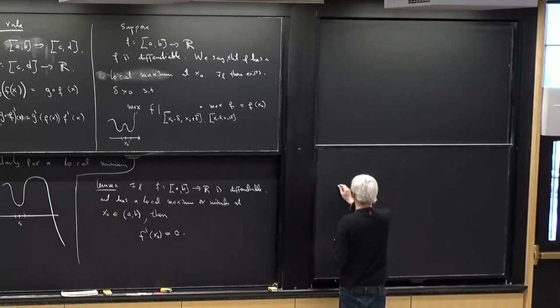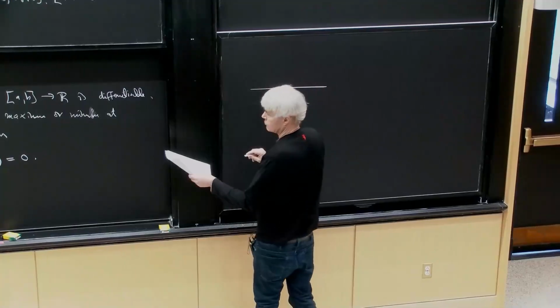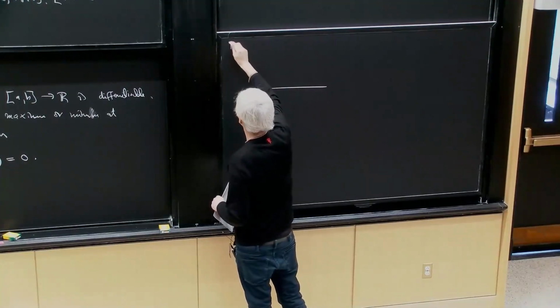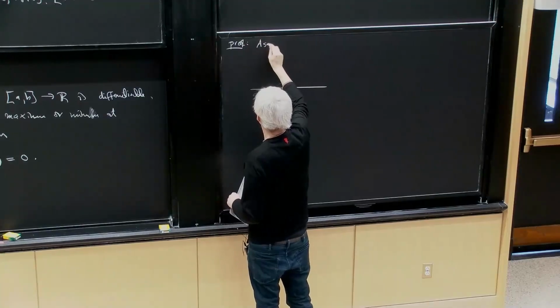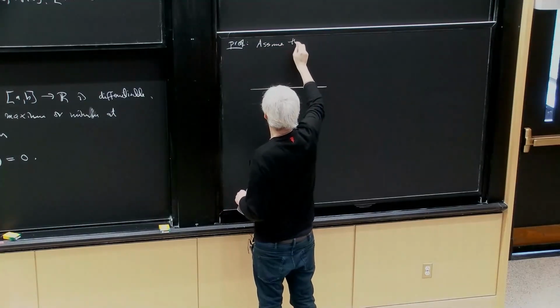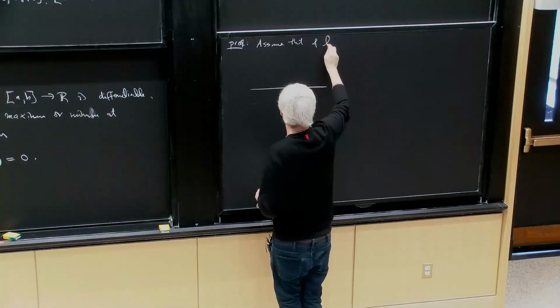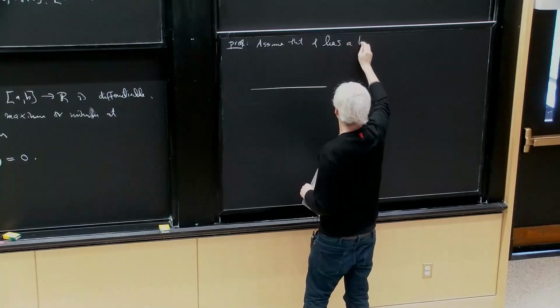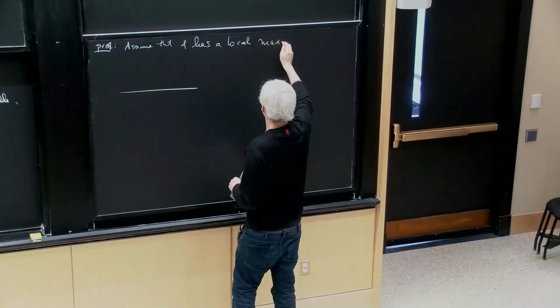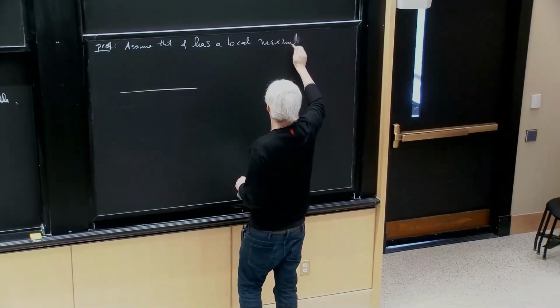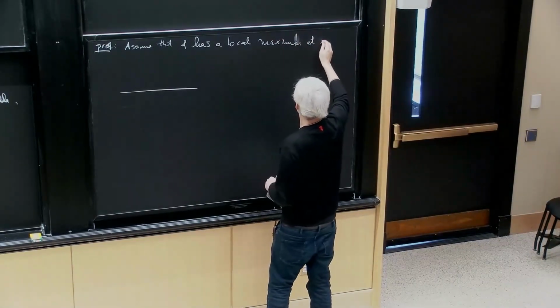So the proof: assume that f has a local maximum at x0.